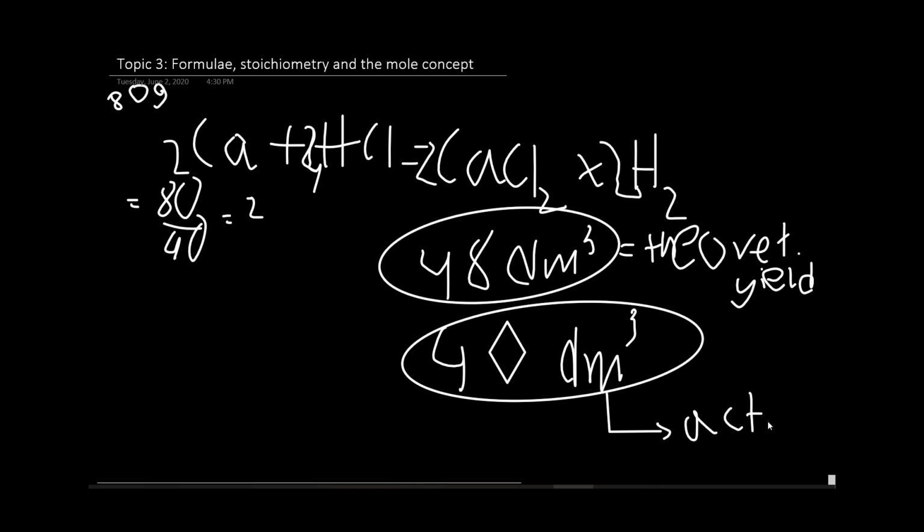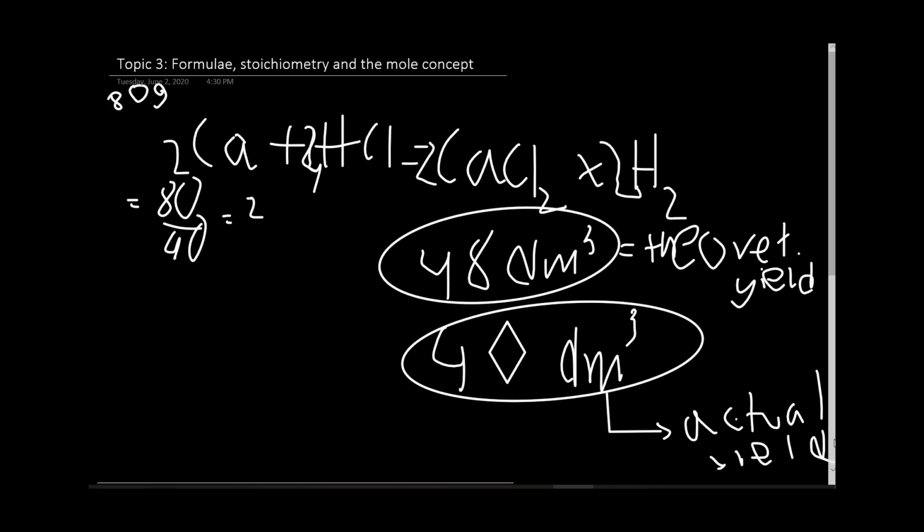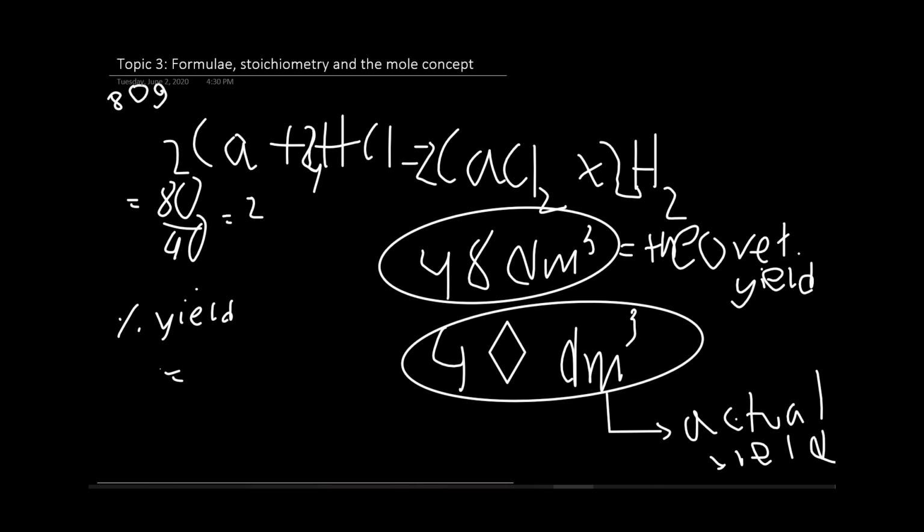So what do you do with these? Basically there's this term called the percentage yield, which is nothing but a percentage calculation of how much you have received compared to how much you are supposed to receive.